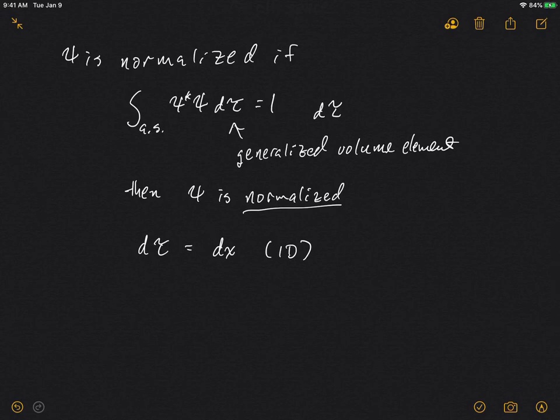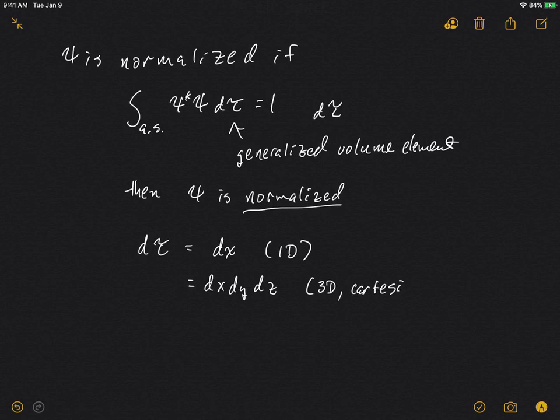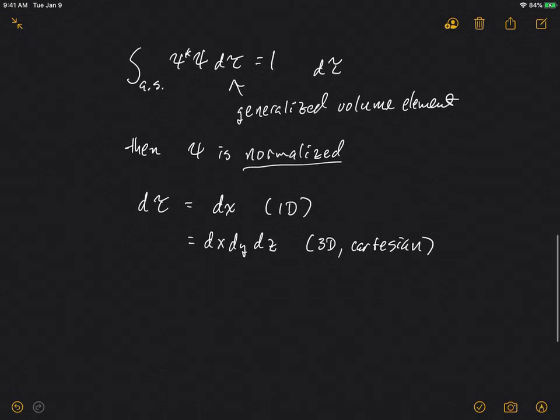If it's 3D in Cartesian coordinates, then it would be dx dy dz. And if it's in spherical polar coordinates, it's a little bit more complicated.